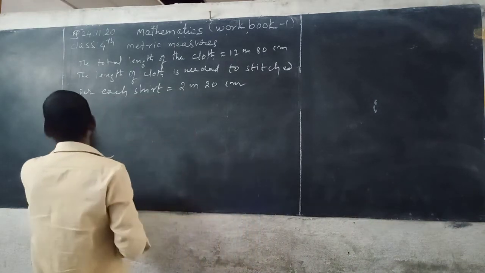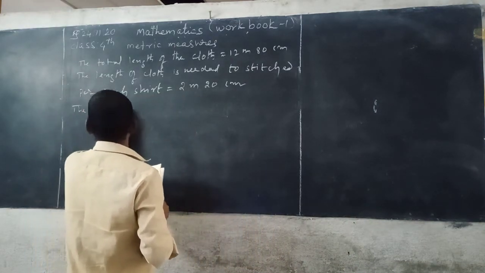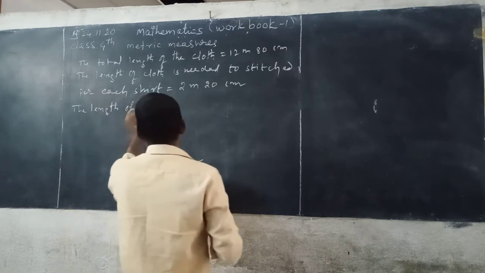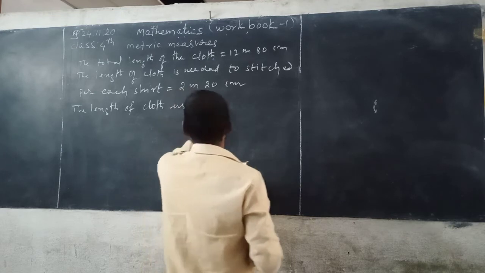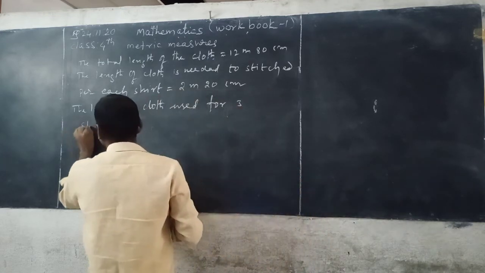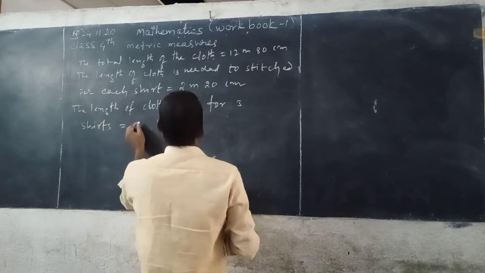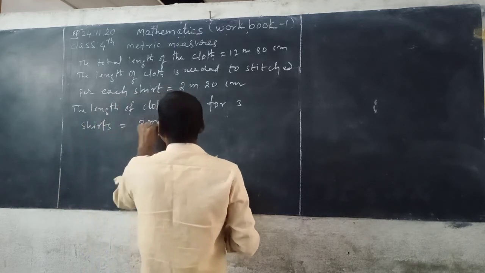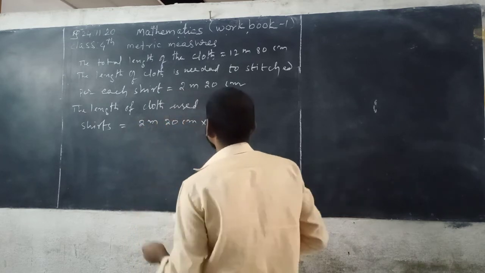The length of cloth used for 3 shirts is equal to 2 meter 20 centimeter multiplied with 3, beta.